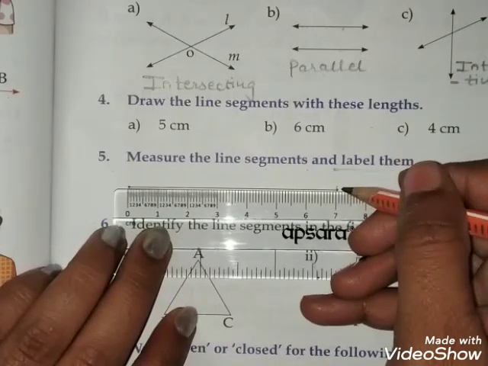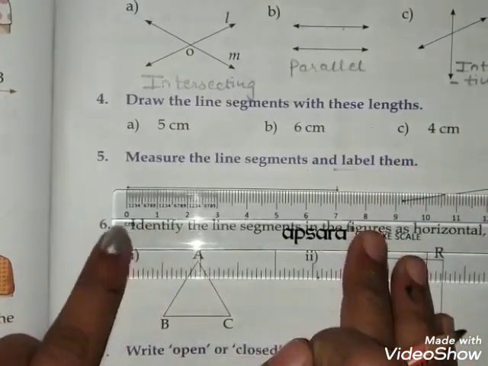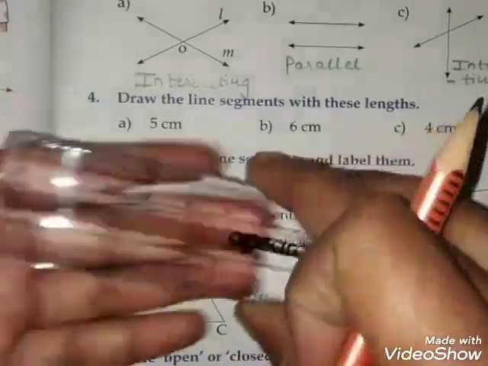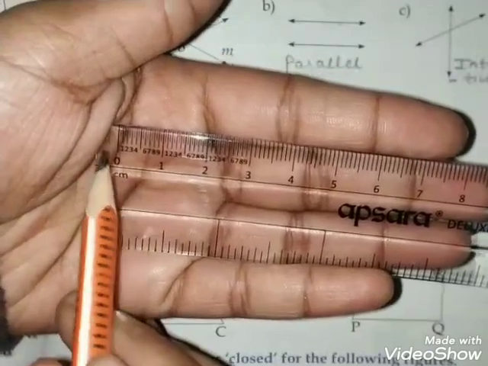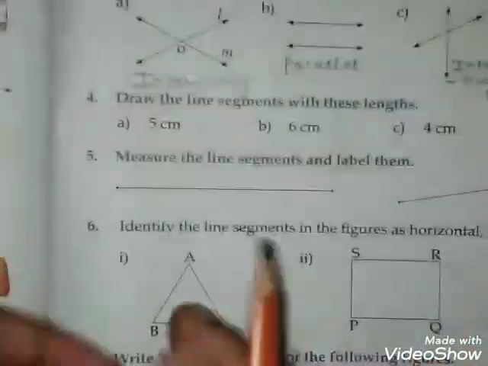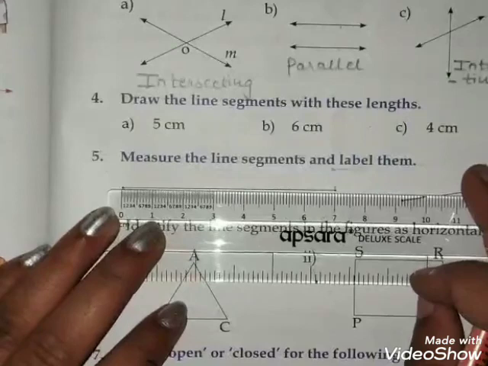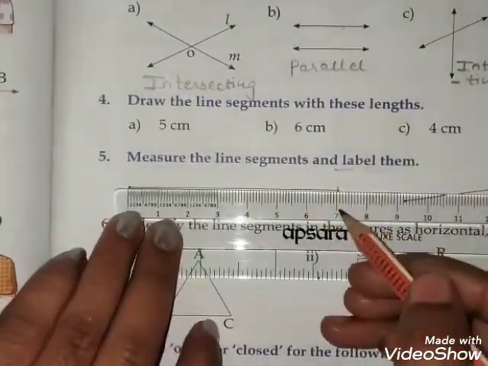up to 7. As this is in centimeter, it is 0 to 7, so it is measuring the length up to 7 centimeter.